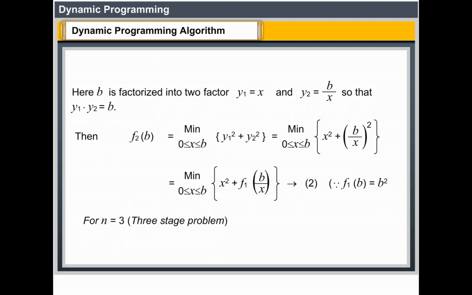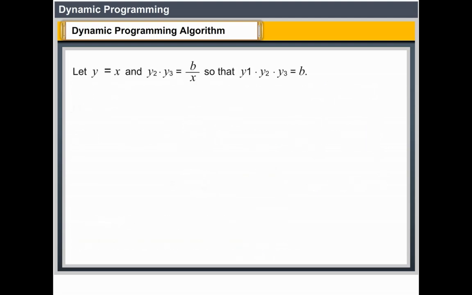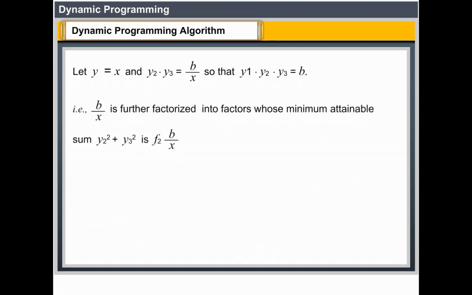For n equal to 3 stage problem. Here b is factorized into three factors, y1, y2, y3. Let y1 equal to x, y2 into y3 equal to b by x, so that y1 into y2 into y3 equal to b. That is, b by x is further factorized into two factors whose minimum attainable sum y2 square plus y3 square is f2 of b by x.